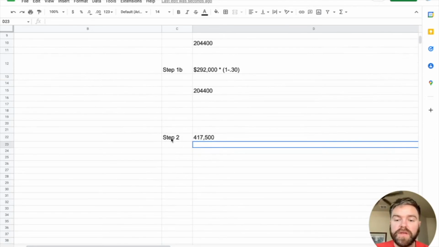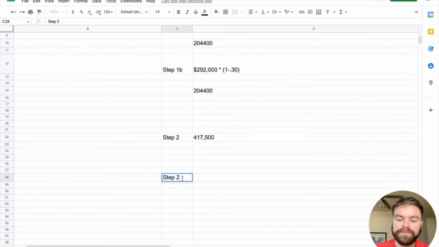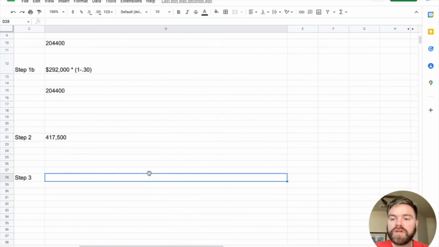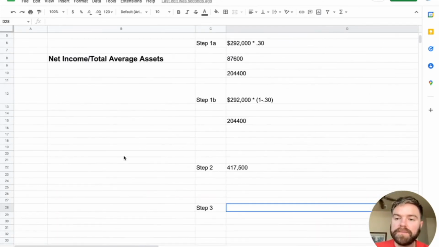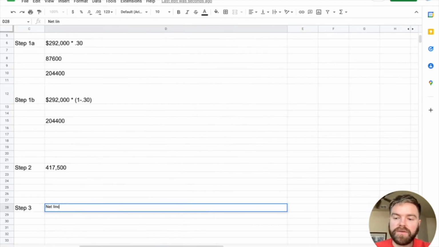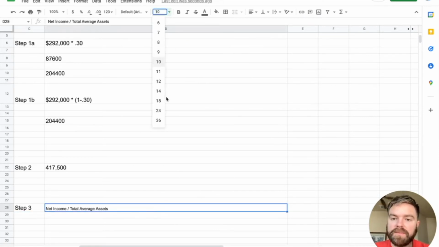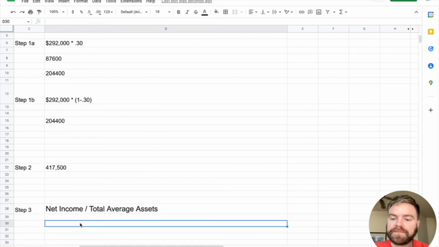Now for step 3, I'm going to do the formula. It's net income over total average assets. I'll write it so you have it: net income divided by total average assets. And then we're going to make this a lot bigger so you can see it.